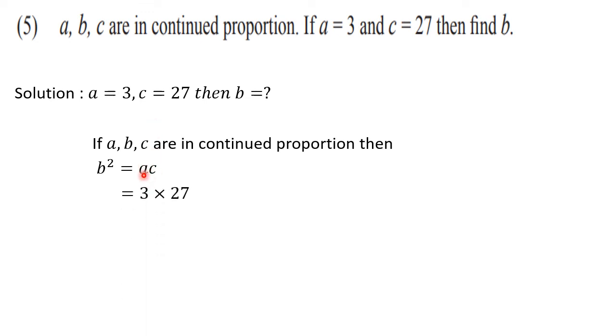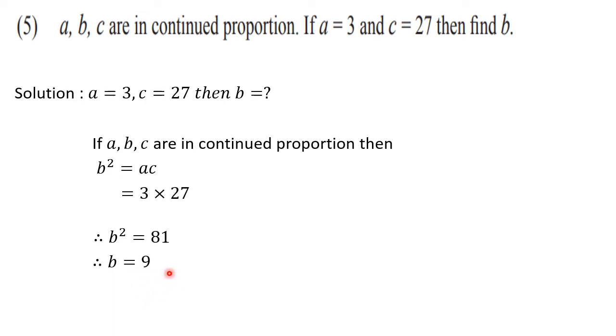Now let's put the values of A and C here. In place of A we can write 3 and in place of C we can write 27. So 27 threes are 81. We will get B square is equal to 81. So B square is 81 and if we take the square root we will get B as 9. Now here we will not consider plus or minus.